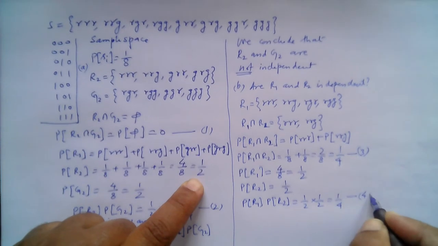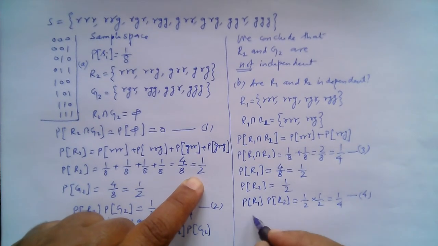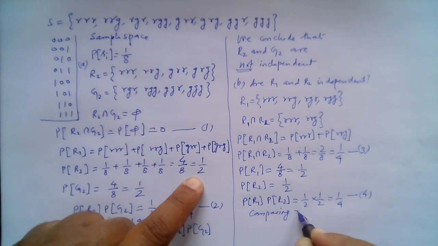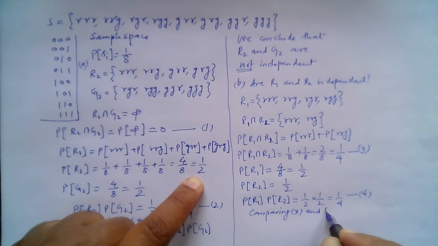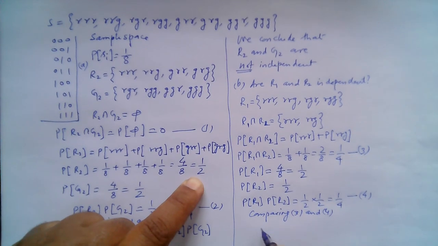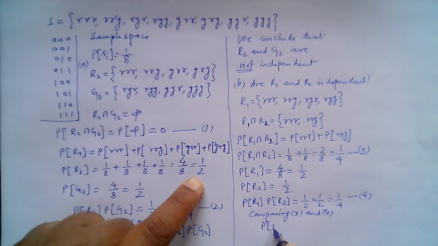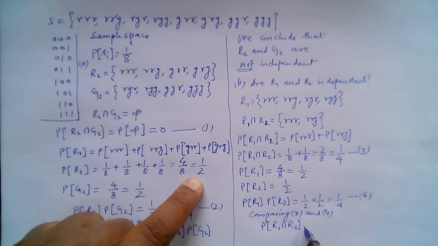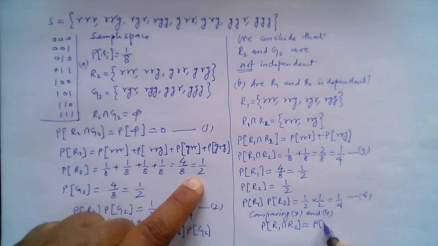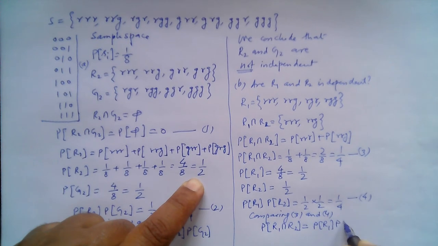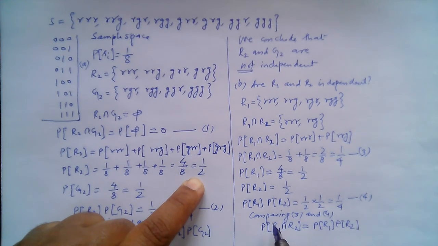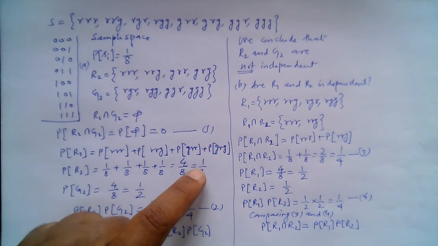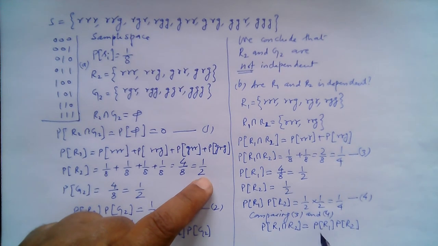Let's call this equation 4. So comparing 3 and 4, we can see that probability of R1 intersection R2 is equal to the probability of R1 multiplied by the probability of R2. So this equality holds in this case.